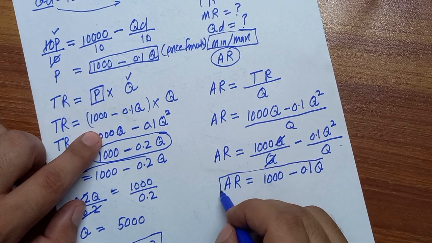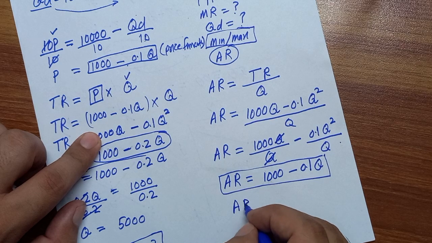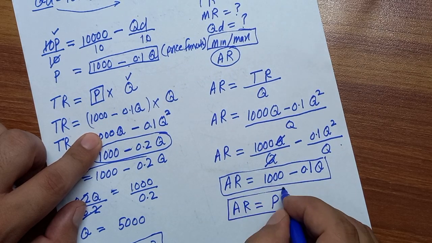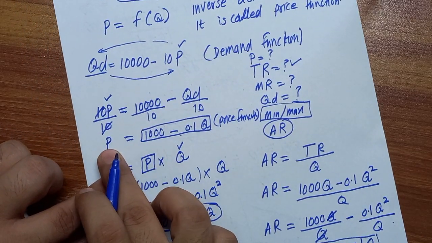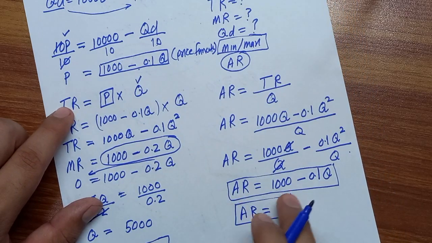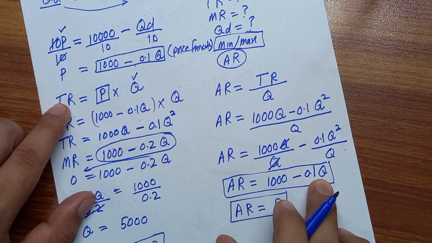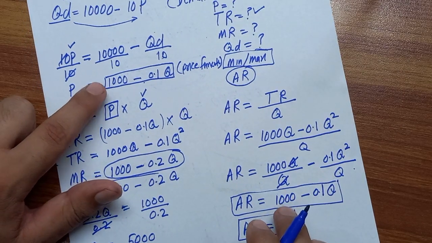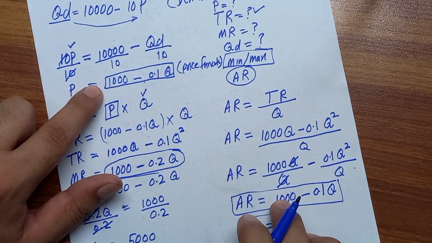So here the average revenue is equal to price function. So the price function is equal to 1000 minus 0.1 Q, and the average revenue is also equal to 1000 minus 0.1 Q. When these both become similar, it means that we don't have any error in this equation.